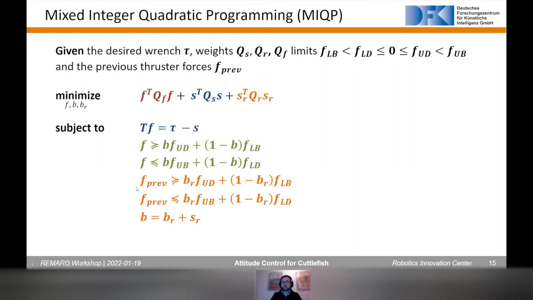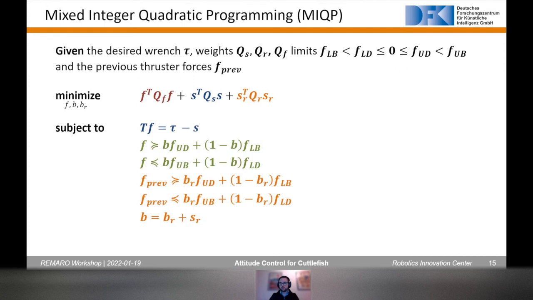With these equations we check if it is in the lower or in the upper range, and depending on where it is, B and BR will be identical, which is good, which means we have no thrust reversal, or they are different, and in that case we get thrust reversal and we allow this, but we have the slack variable SR, which will lead to a high cost. Essentially we allow thrust reversal if it's necessary, but we'll try to work without it.